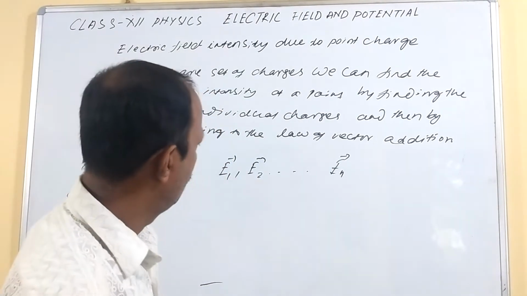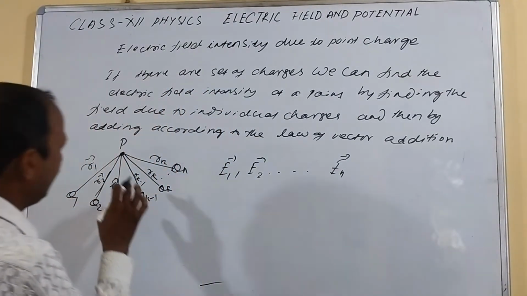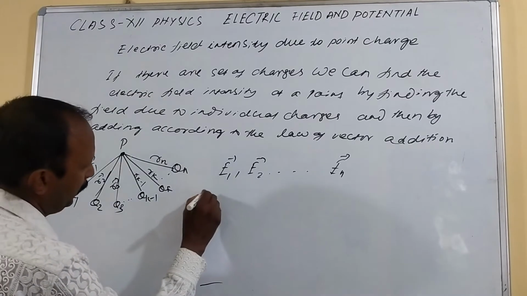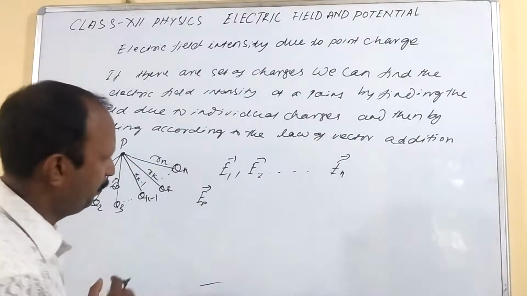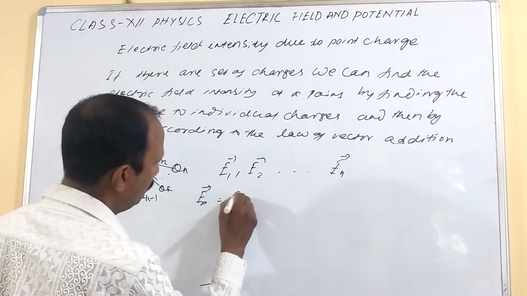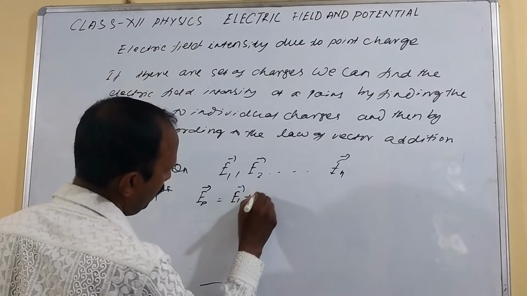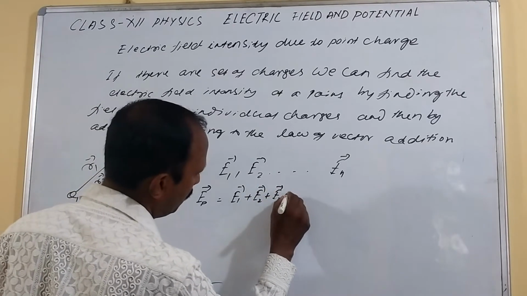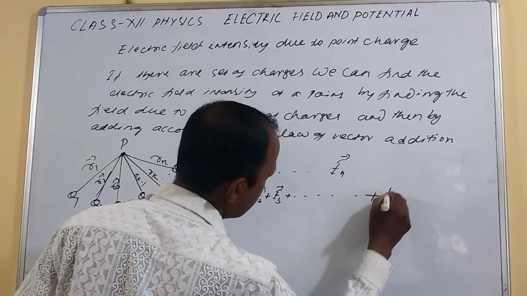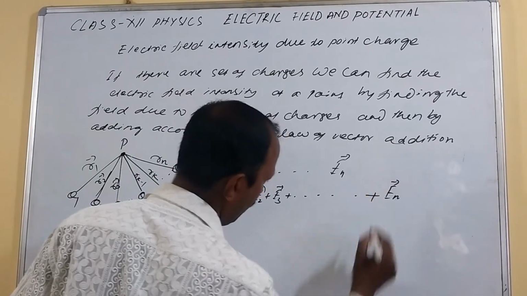So the total electric field intensity at the point P is equal to E1 plus E2 plus E3 plus up to En.